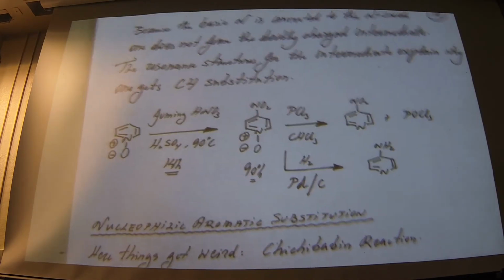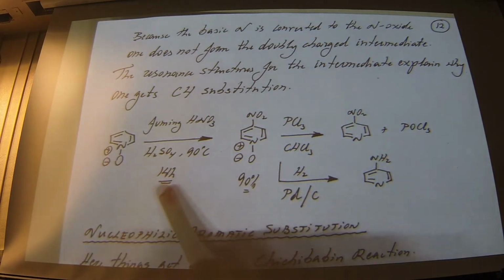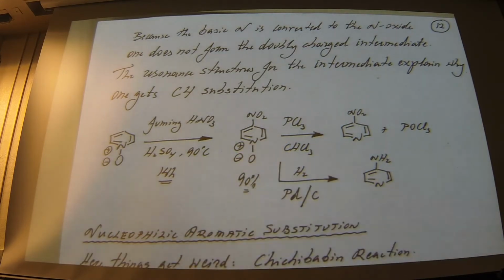And that's the case. And so what you can do is these substitution reactions of the pyridine N-oxide. Again, this takes a little bit of heating for a while, but the yield is very good. And notice that you get exclusively substitution at C4.